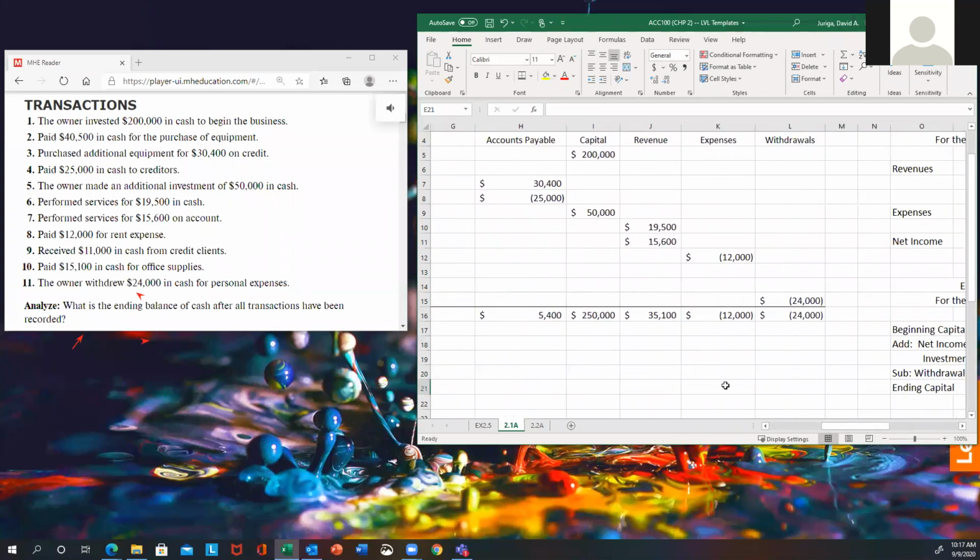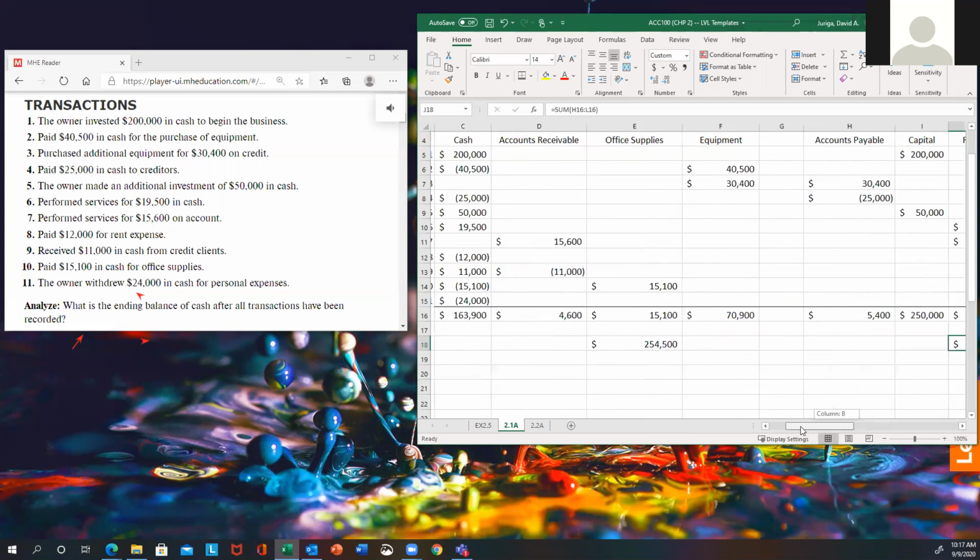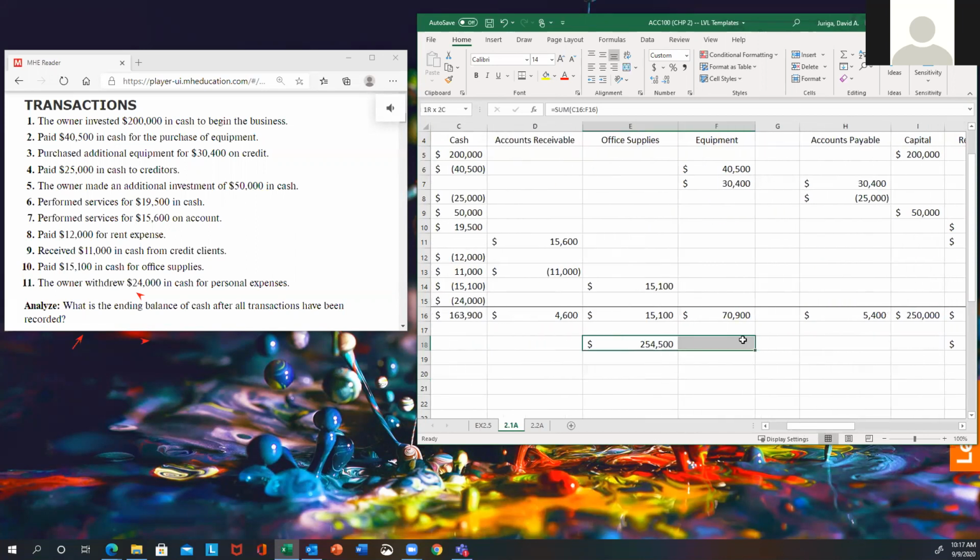Now if I want to add up all my liabilities and equity, it's going to net them. I should get the same amount, and you notice that I do. So I get 254.5. Notice that 254.5 of your total assets equals your total liabilities and equity. So just to show you here, your equation is in balance.